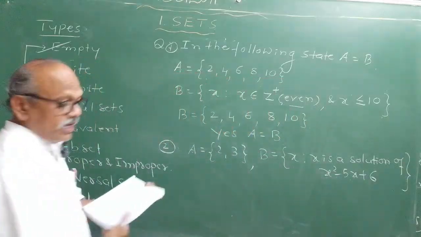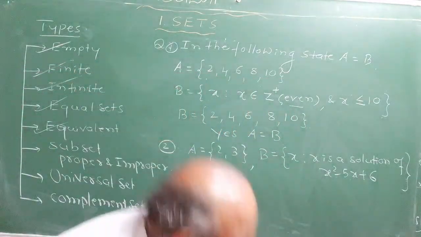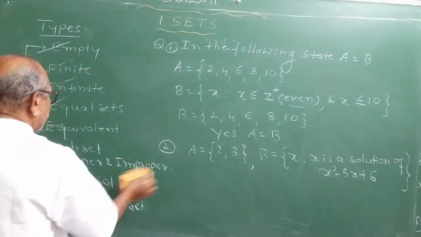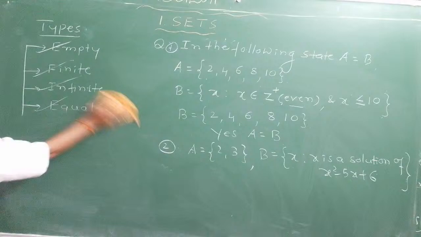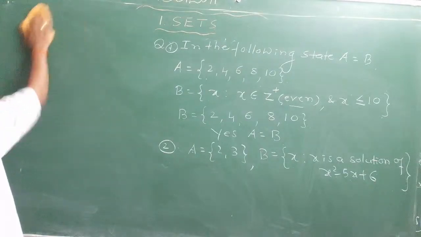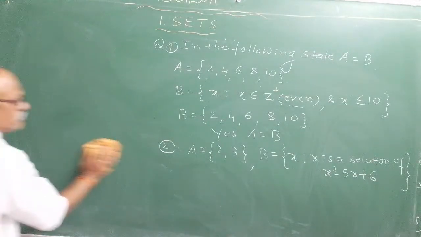Check whether A and B are equal. To check this, we have to solve the quadratic equation. A elements are already known to you. Let me rub this part so that I can write here.